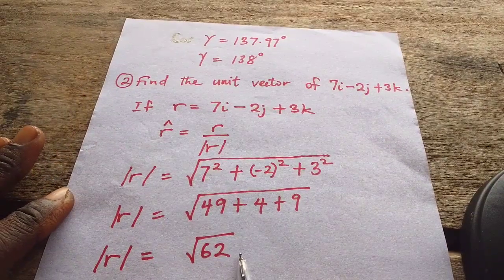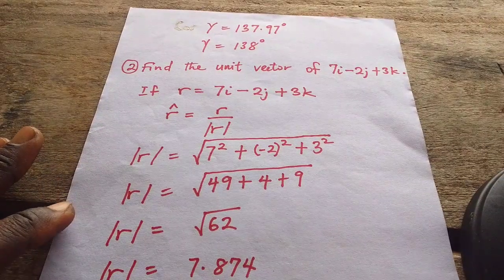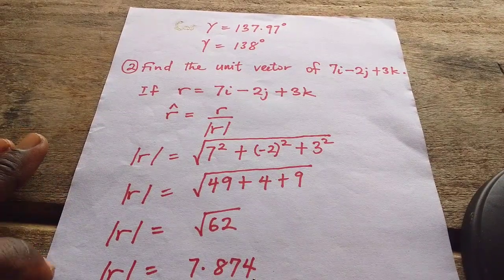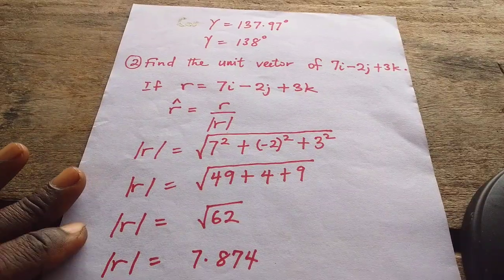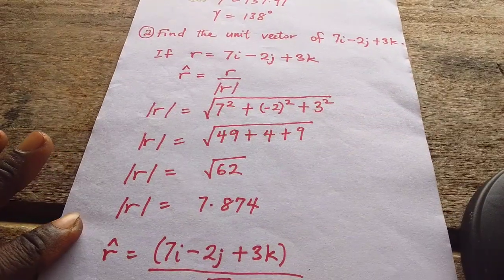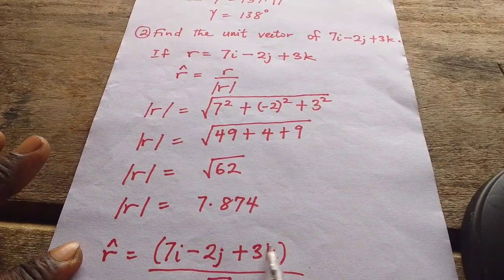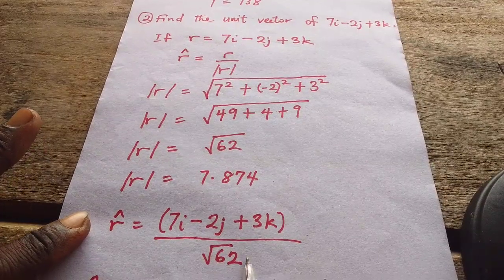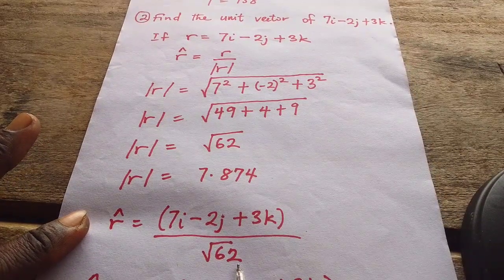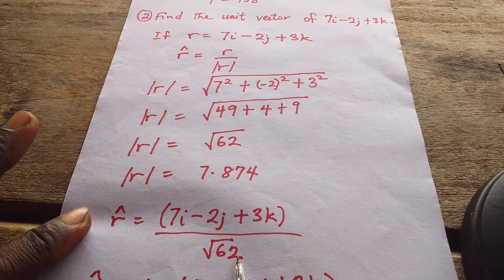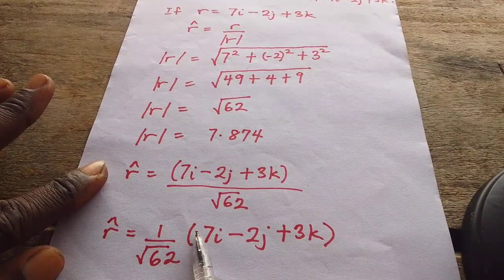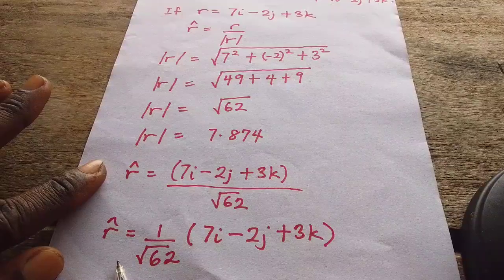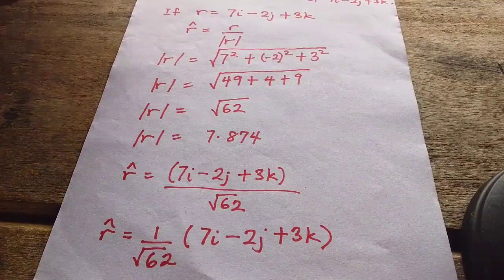So the square root of 62 gives us 7.874. So the unit vector is the vector over the magnitude of the vector. This can also be written as 1 over root 62 times the vector. So this will be the unit vector.